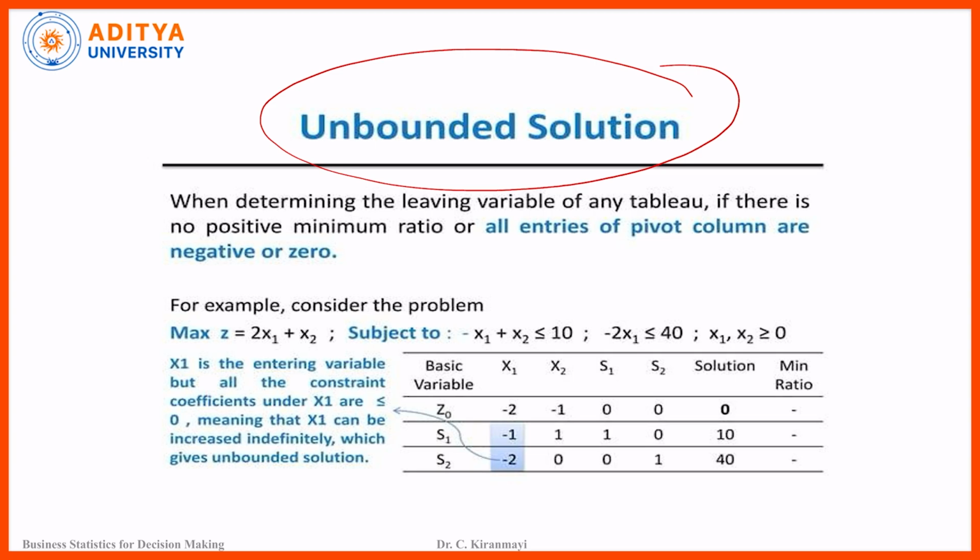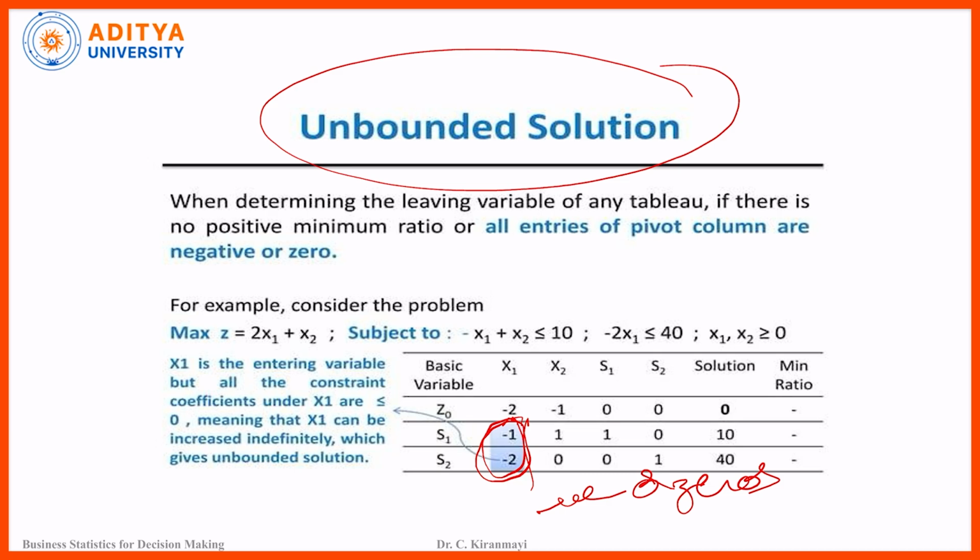So, in the simplex method, how can we know that the solution is unbounded? In the key column, if the elements are all negative values or all zeros, or a combination of negative values and zeros, we cannot find the minimum ratio.